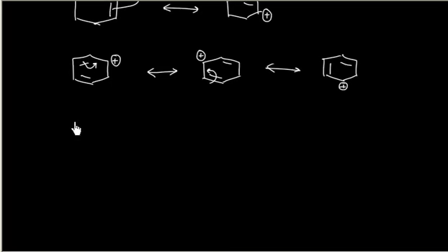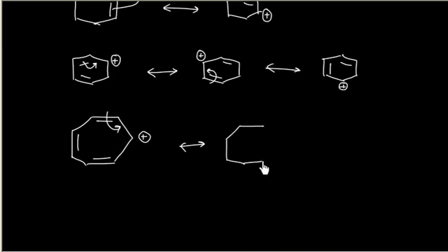Similarly, let us say if I have this molecule, a 7-membered ring. Now in this case we can flow the arrow 3 times. So here we will have a double bond, and we will have a positive charge here.